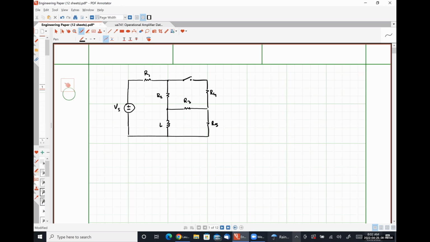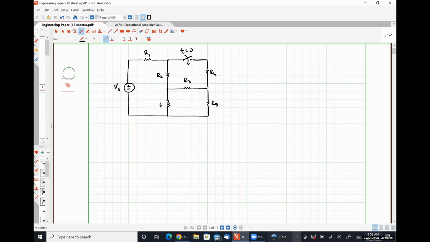But if we had, so I'm just going to arbitrarily say closing at t is equal to 0, it could just as easily be opening.